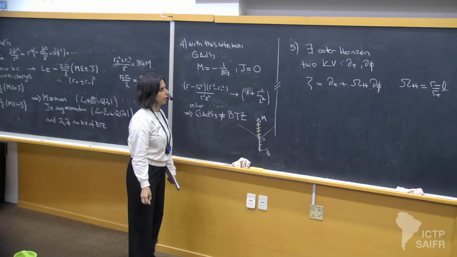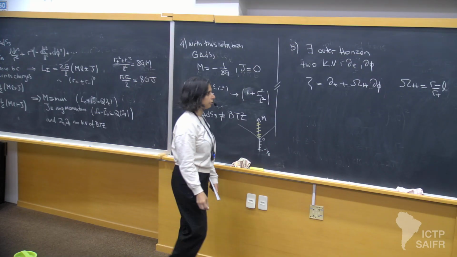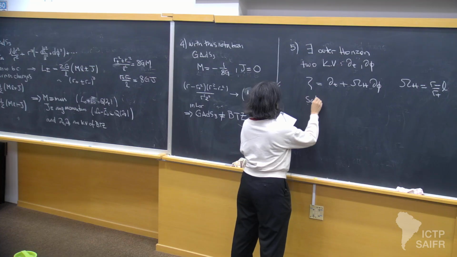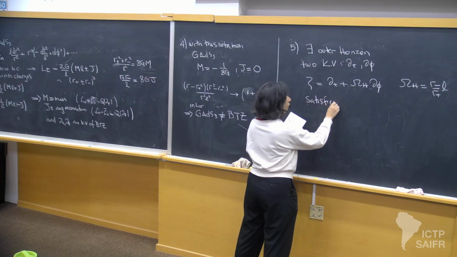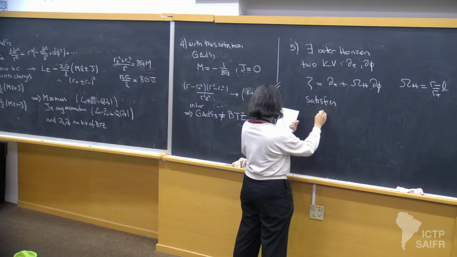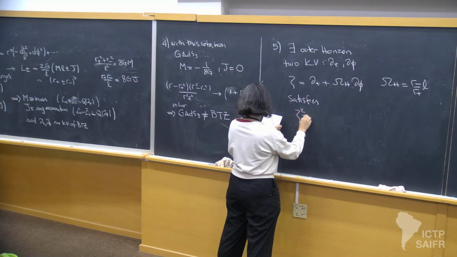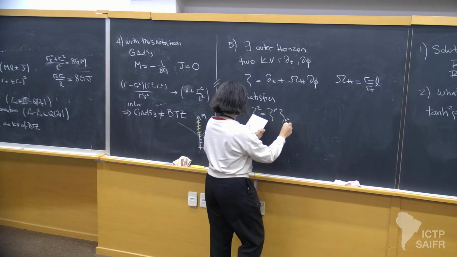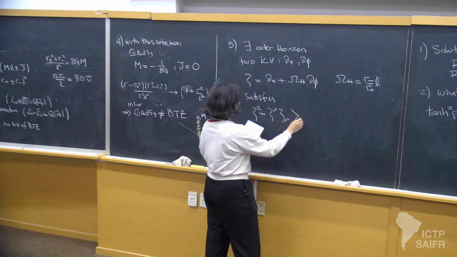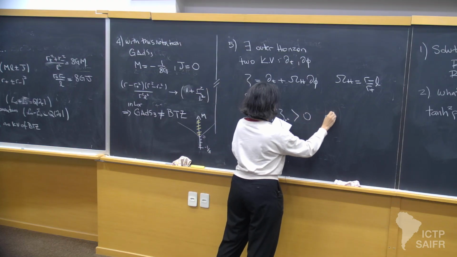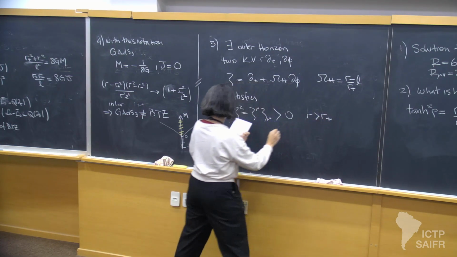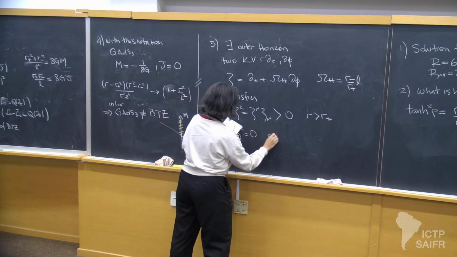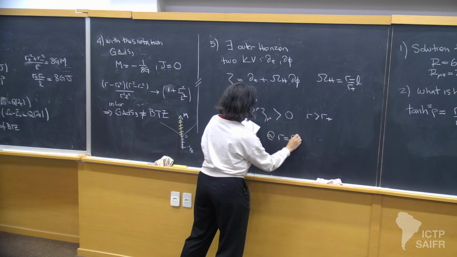Where Ω_H is the ratio of r₋ over r₊. So the norm of this killing vector is always positive if r is greater than r₊, and the norm of this vector is exactly equal to 0 at r equal to r₊.